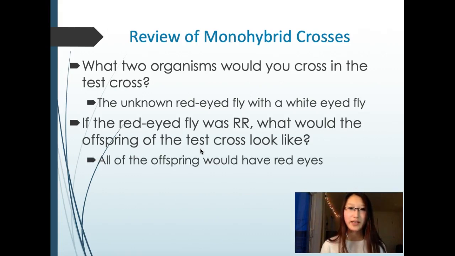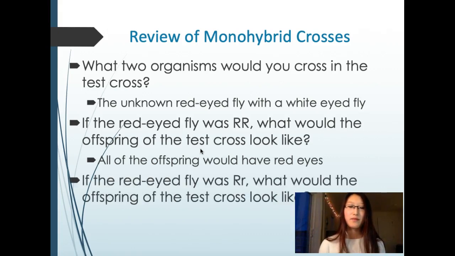If you cross it, you're going to see a Punnett square with all the offspring having the genotype big R, little r. So do the Punnett square on your paper. What you will find is that all the offspring of this unknown red-eyed fly with the white-eyed fly would have red eyes if the red-eyed fly was actually big R, big R.